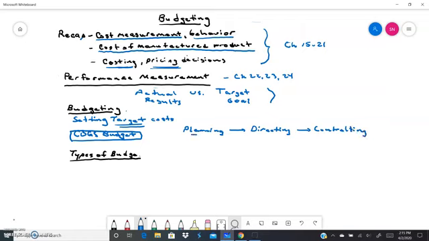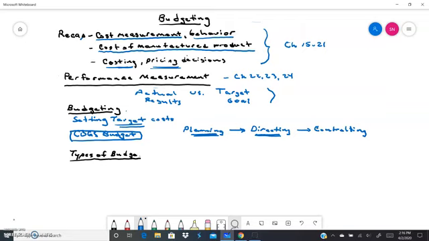So planning basically refers to this idea of putting together the targets, putting together the budget. What is it we're going to try to accomplish? Directing is basically then putting in place the necessary strategies or actions, or executing those plans that we put in place to get us to where we need to go.